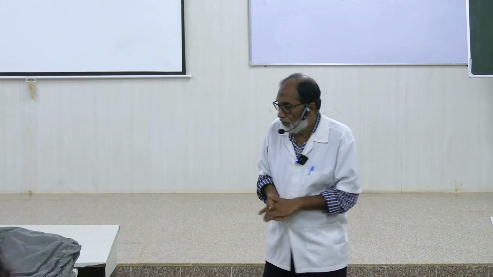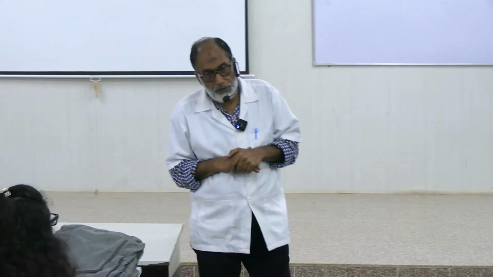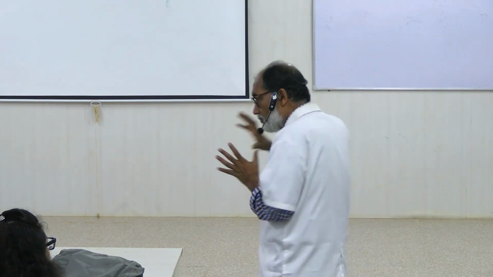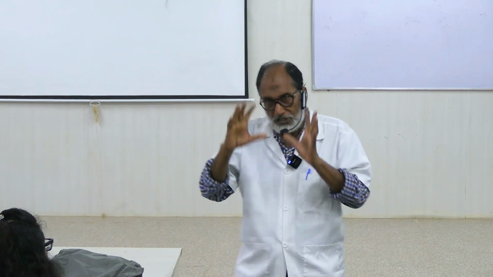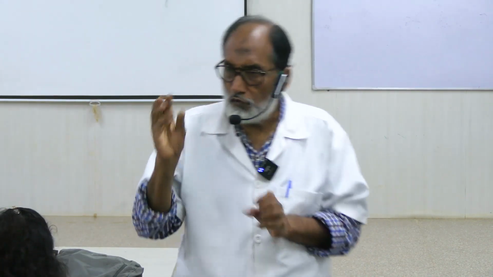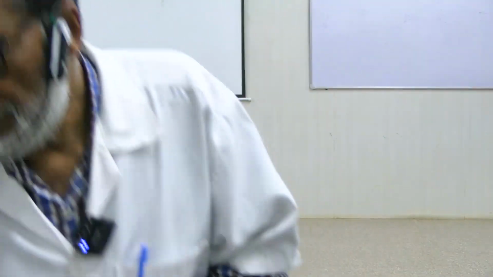Now, the dimension of this gland. What is the dimension? What are the surfaces? What is the weight? You should know it. Number one, this gland weighs about 25 gram.